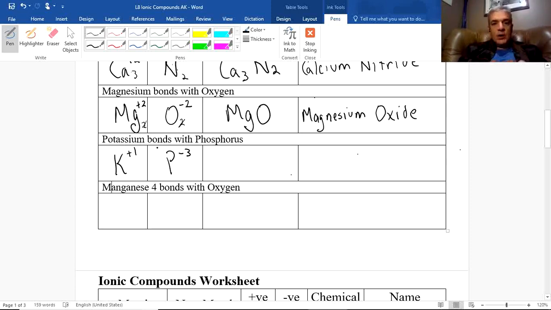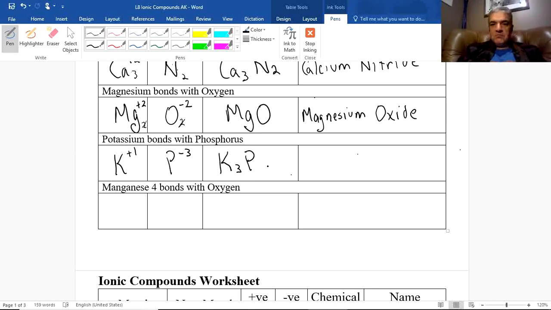In order to balance them, the 3 is going to come over and go here. 3 plus 1s is going to give me +3. And the +1 comes over here, so just 1 minus 3. So we end up writing this as K3P. That's the chemical formula for potassium phosphide.